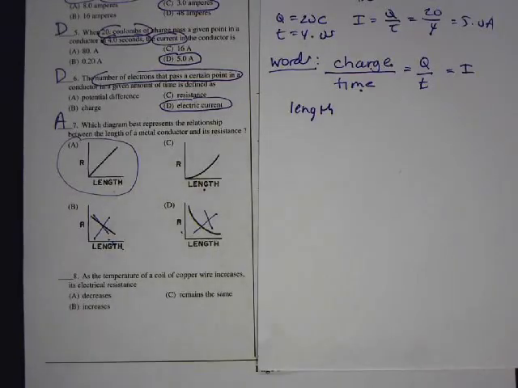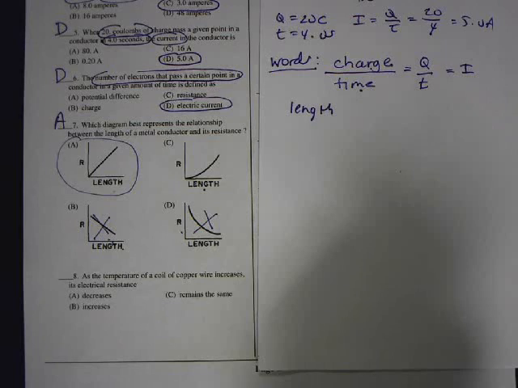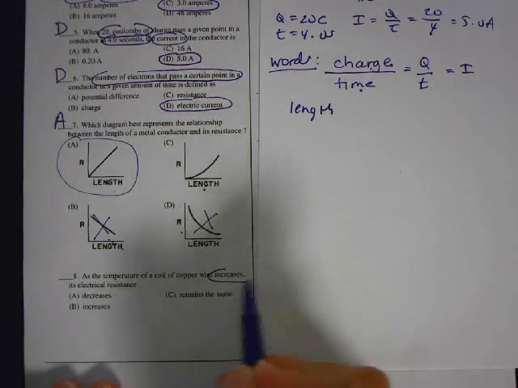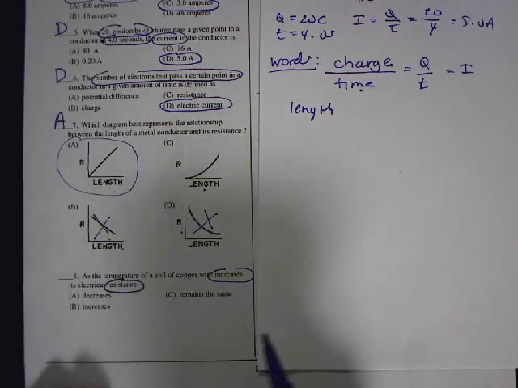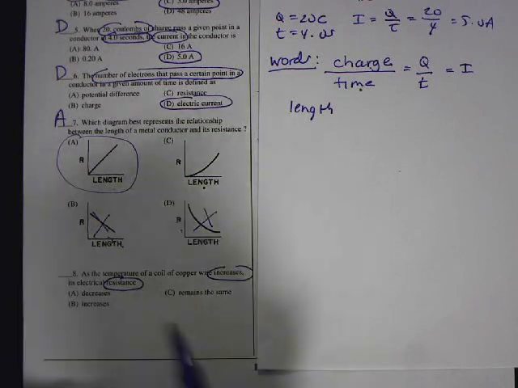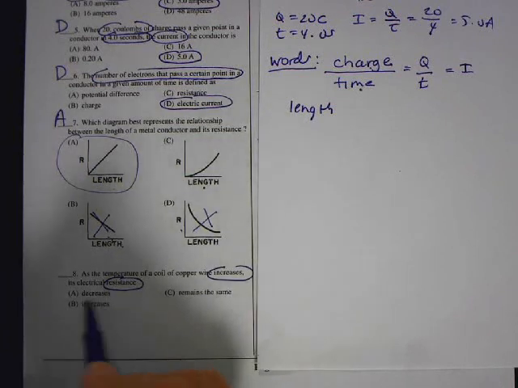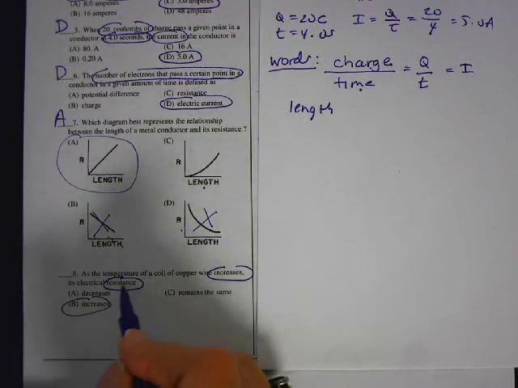Number 8, as the temperature, so again, this goes back to the table in your notes of the 4 things that affect resistance. So as the temperature of a coil of copper wire increases, the electrical resistance increases, because the word here is resistance.